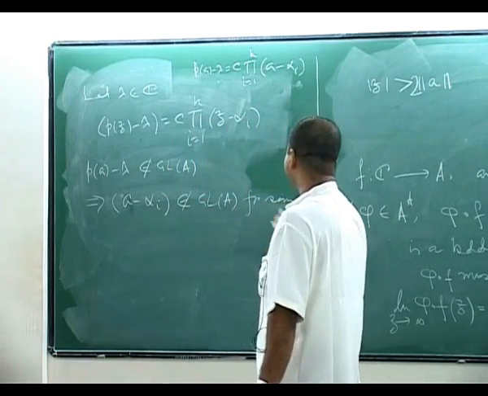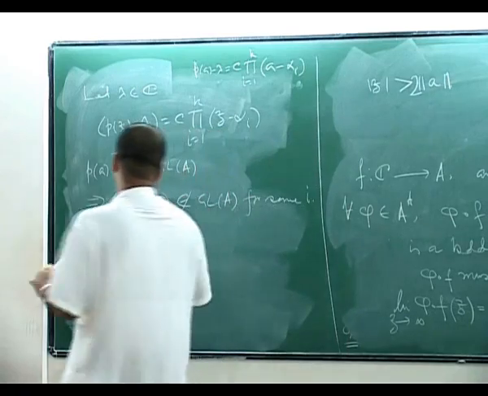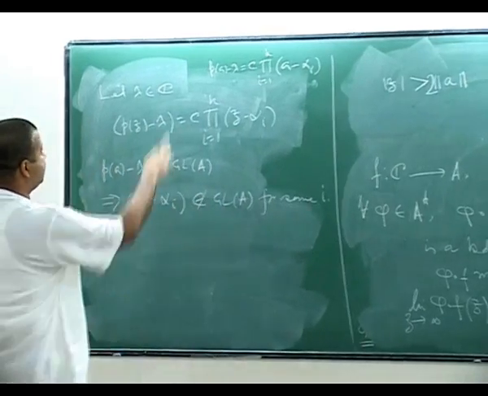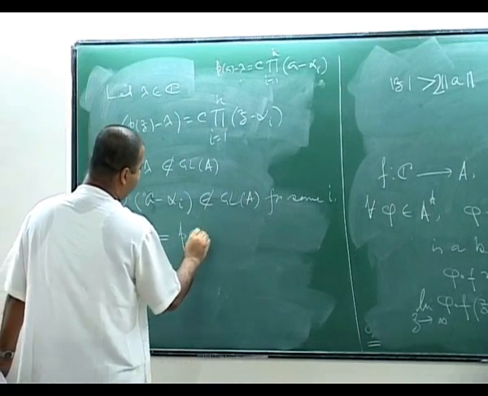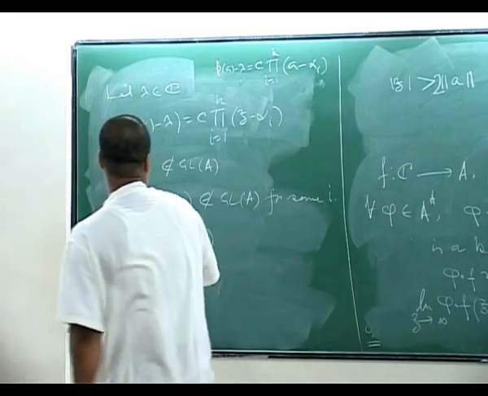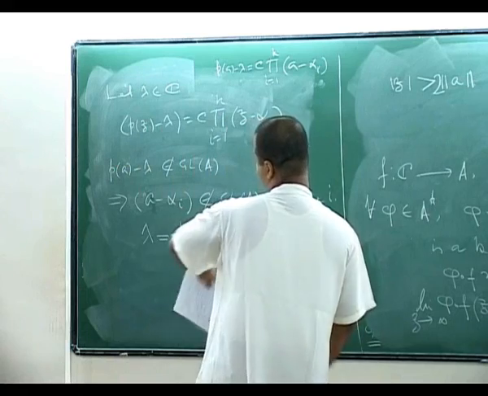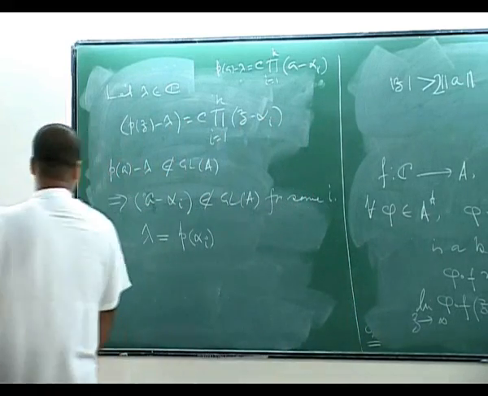So A minus alpha is not invertible, and now what is lambda? Lambda is P of alpha I. Okay.